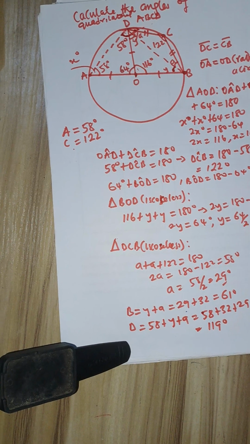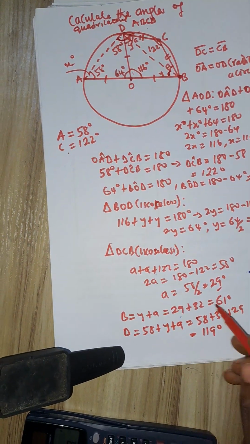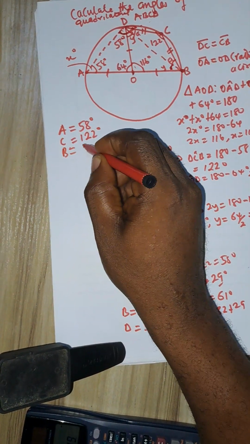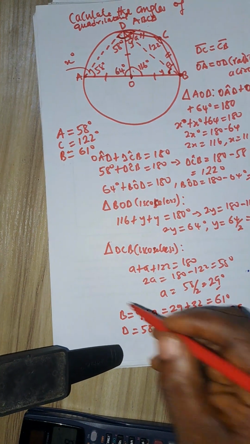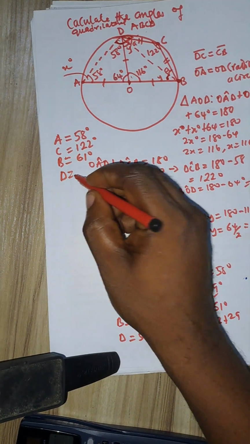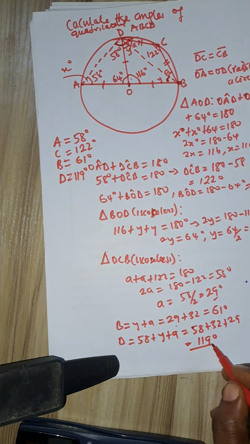Therefore, we found B is 61 degrees and D is 119 degrees. Thank you very much.